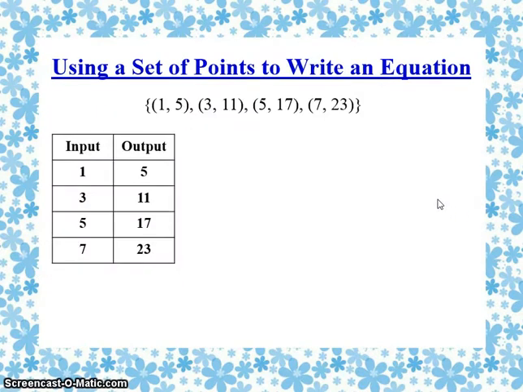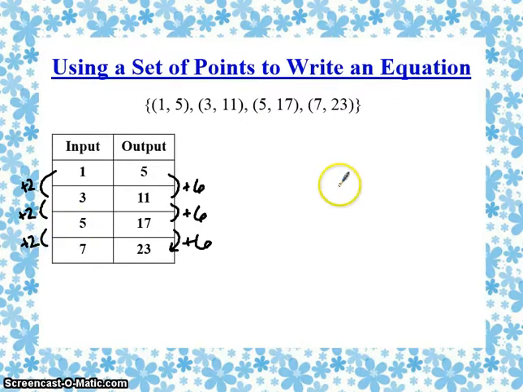Now, occasionally your input-output chart does not have to increase the inputs by 1. So if you look at the outputs here, it's going up 6, up 6, up 6, but if you look at the inputs, it's going up 2, up 2, up 2.